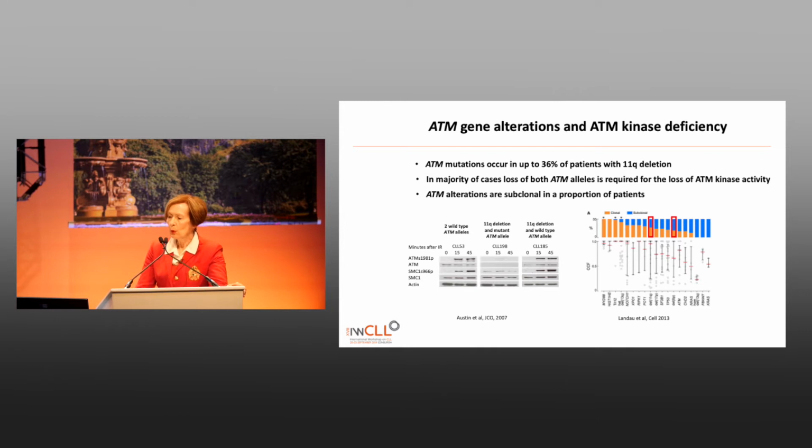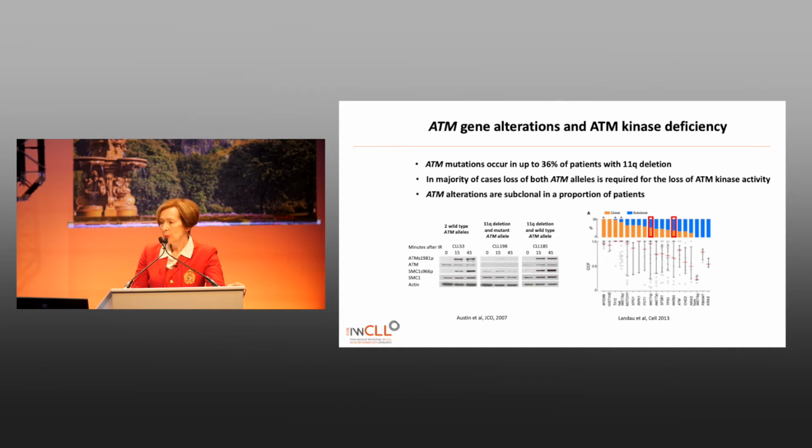And it is very important to note that for the loss of ATM kinase activity, we need loss of both ATM alleles. And you can see here from this Western blot that if only one allele is altered by virtue of 11q deletion, the response, measured here as phosphorylation of downstream targets, is completely retained.